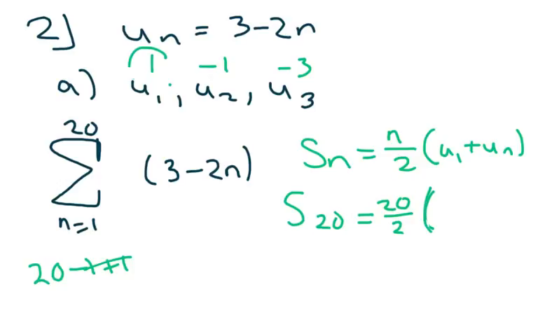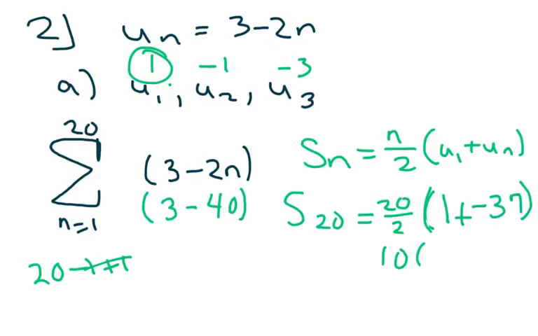My first term we already figured out was 1. And my last term is going to be 3 minus 40, which is negative 37. So I get 10 times negative 36, which equals negative 360.